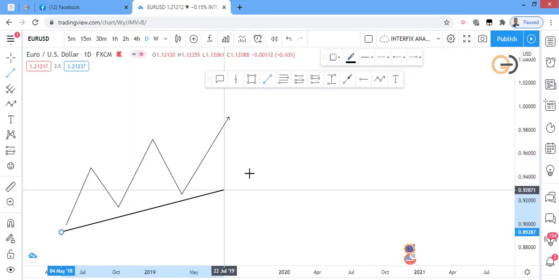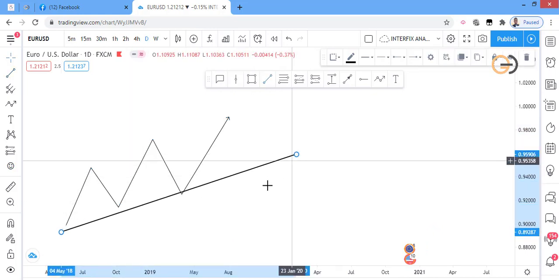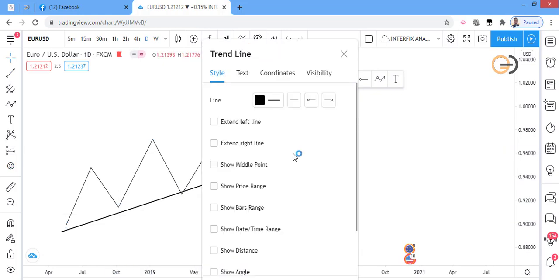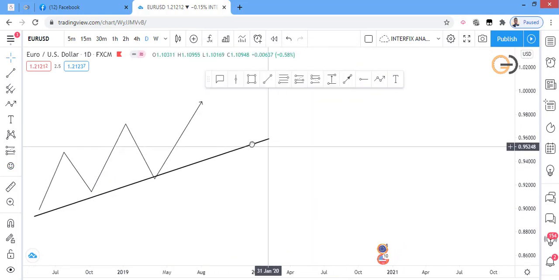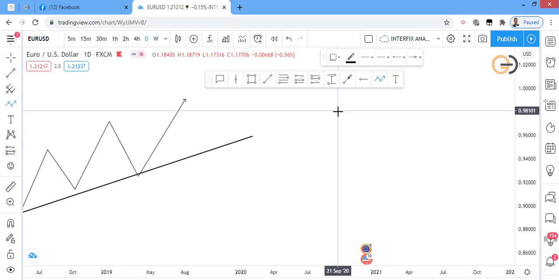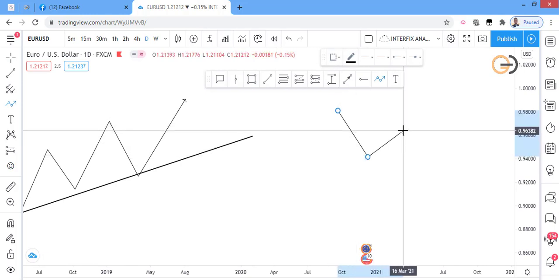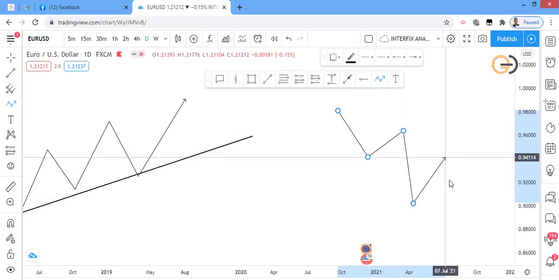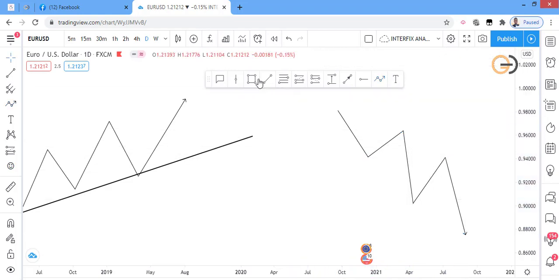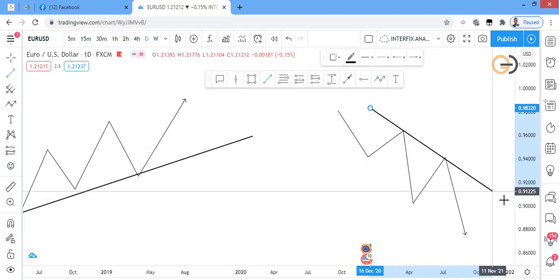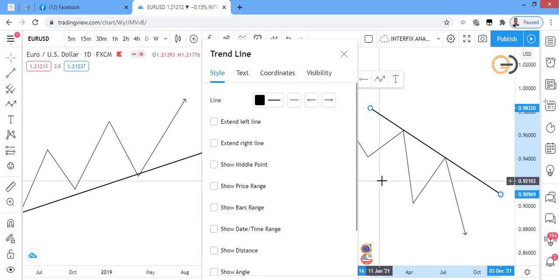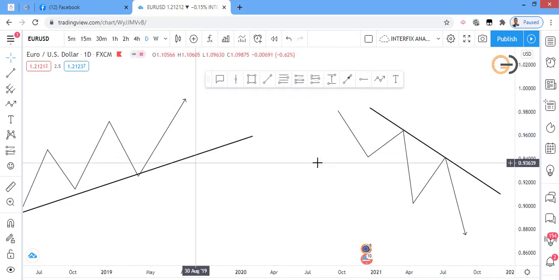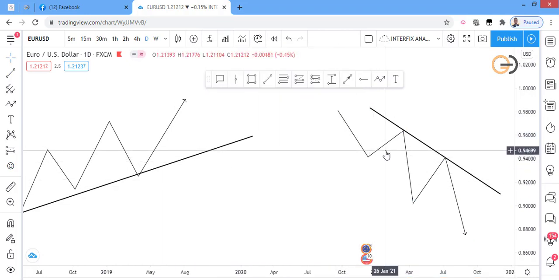You can take a line and draw it below, then we know this is an uptrend. And then the market can also create a trend downside, pull, push, pull, push, and then we can take a trend line and draw a line to the downside.